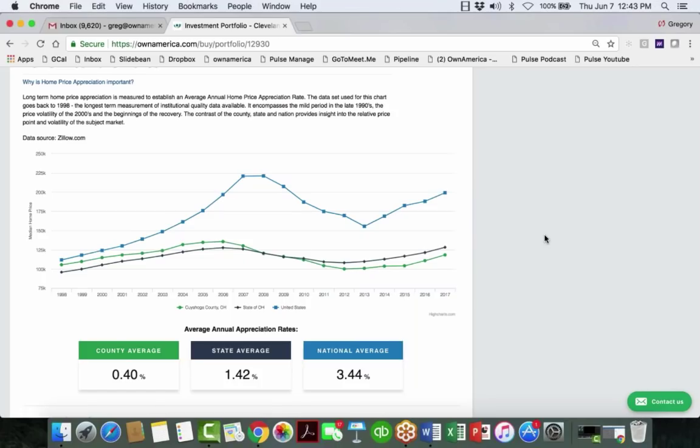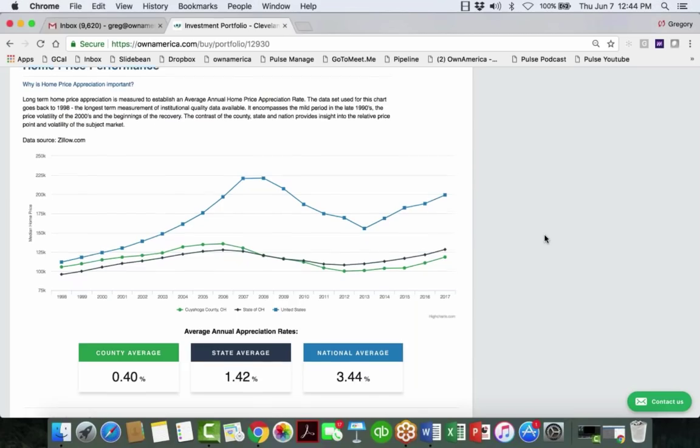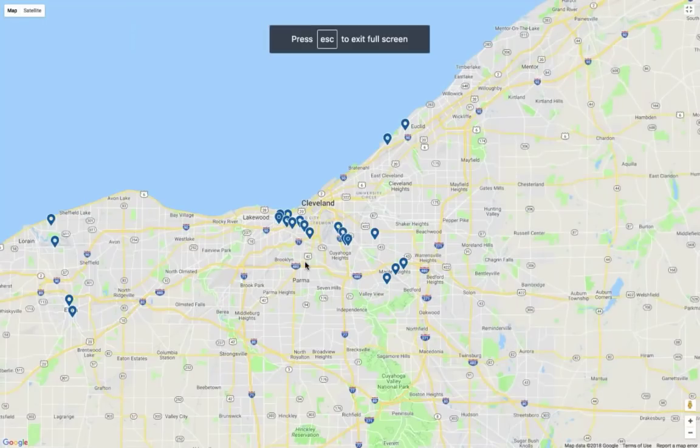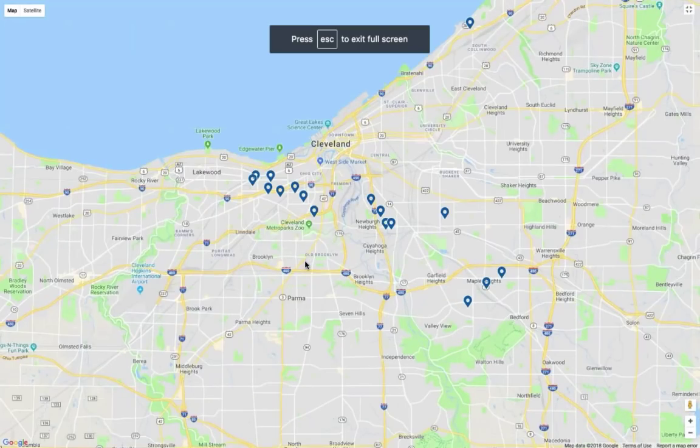The asset itself, or geography? A little bit of both. I'll start with the geography, and then that'll lead into the asset itself. Mostly where we're buying is in the west side of Cleveland.